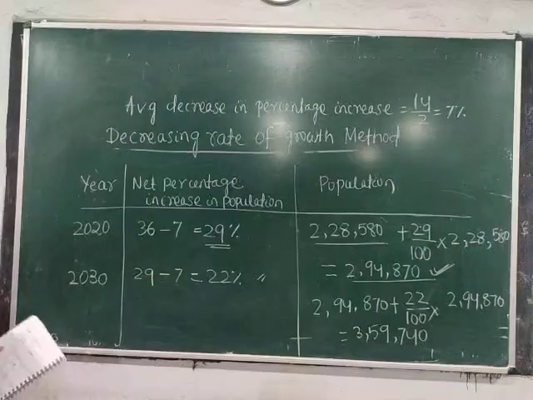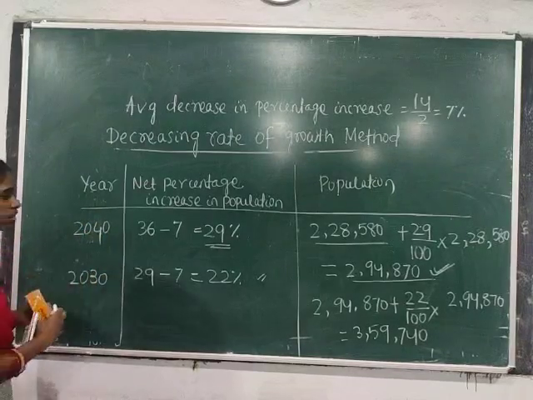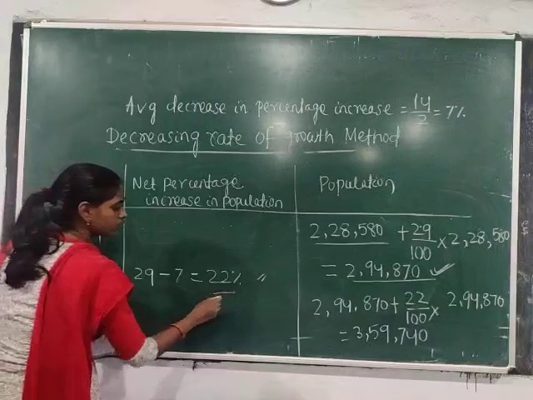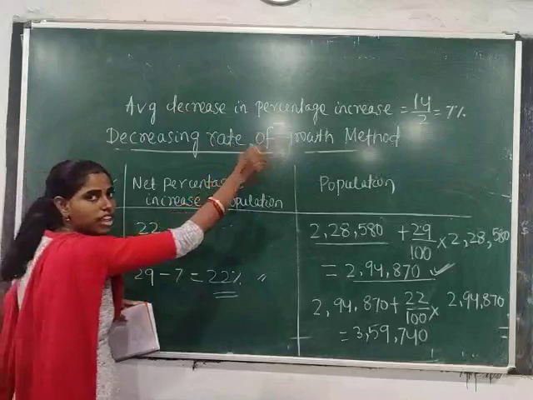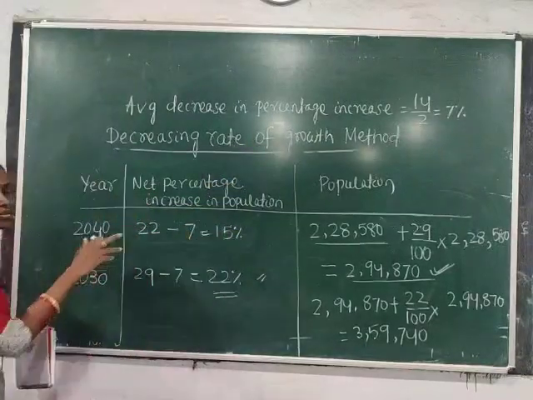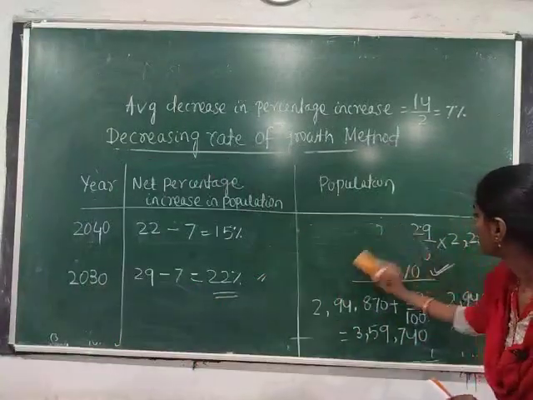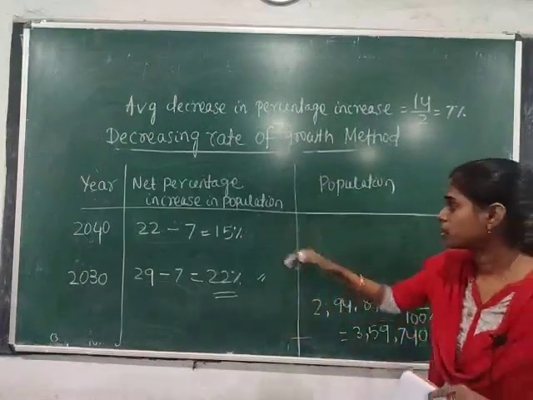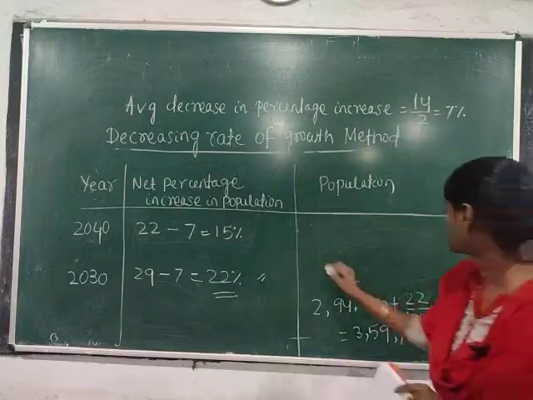Okay. Then what will be the population for 2040? For 2040, the latest one is 22. From 22 we will subtract the average decrease, that is 7. So the net increase will be 15%. Okay, 15%. So the population of 2040 will be 15% more than the population of 2030, that means the latest one.